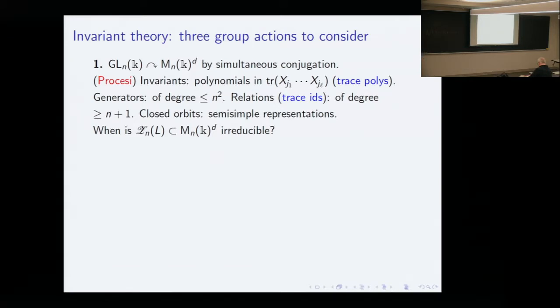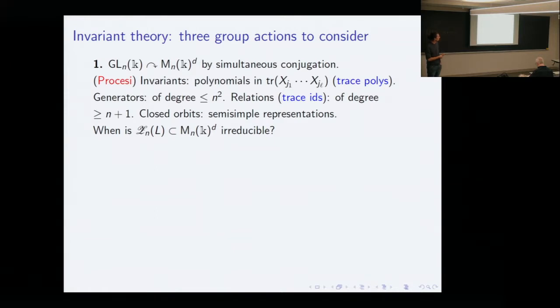First of all, on matrix points: I said at the beginning that the free locus is invariant under simultaneous basis change. So that means GL_n acts simultaneously on tuples of matrices. A lot is known about this action, namely we know what the polynomial invariants are, due to Procesi: they are all polynomials in traces of products of matrices. These are called trace polynomials, or pure trace polynomials.